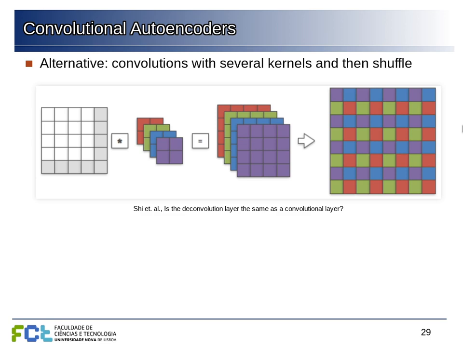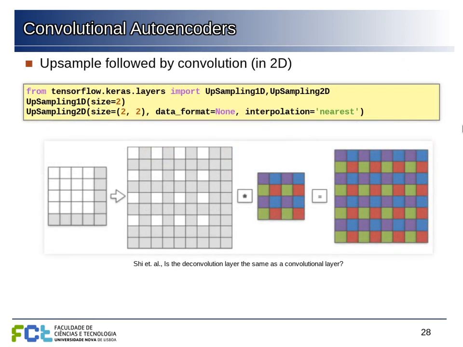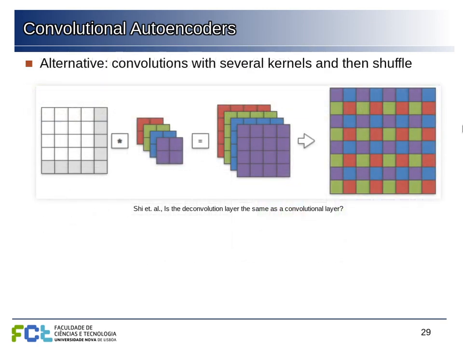However, this ends up being similar to what you can do with upsampling and convolution, and it's just a bit more inefficient to do computationally. So again, the upsampling and convolution approach seems to be better.